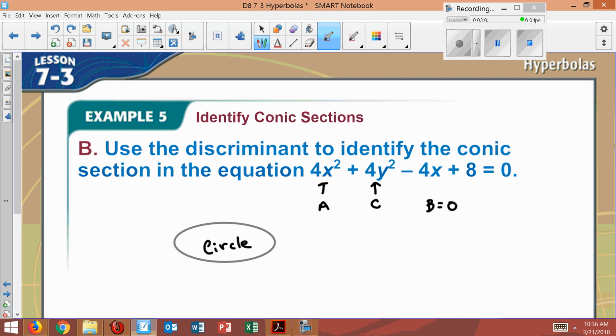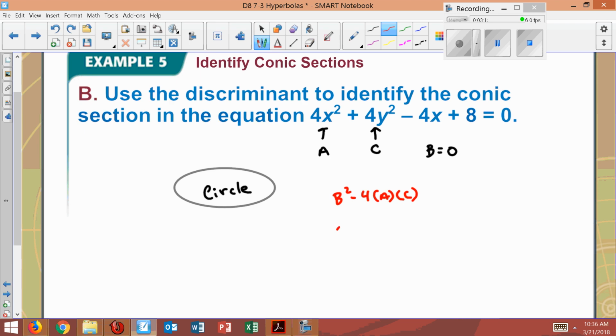But if you wanted to, remember the formula is b squared minus 4ac. We don't have a b, so it's 0 minus 4 times a, which is 4, times c, which is 4, which equals negative 64. Since that's less than 0, it's either a circle or ellipse. Since these two are identical, it is a circle.